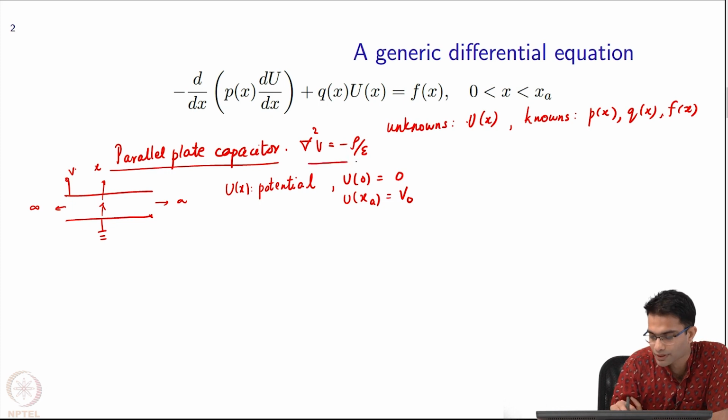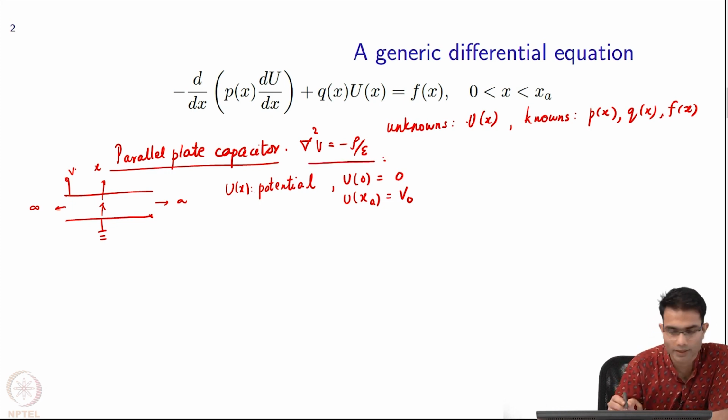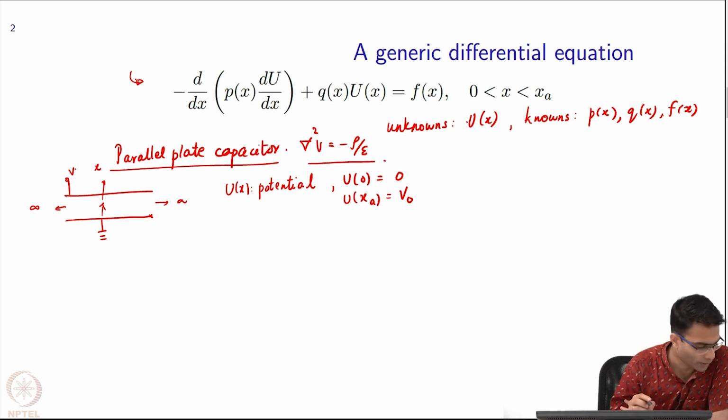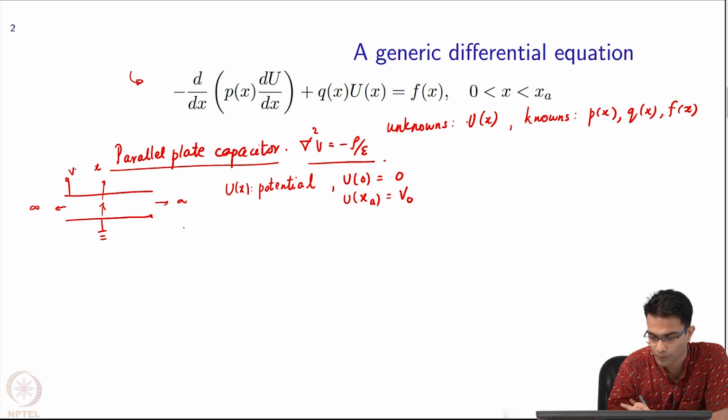I know that the differential equation is this. So, can I fit it into this generic form? I can, right. What would I have to do? For example, what will be the value of p of x? p of x will be minus 1, correct. Then what is next? q of x will be 0.